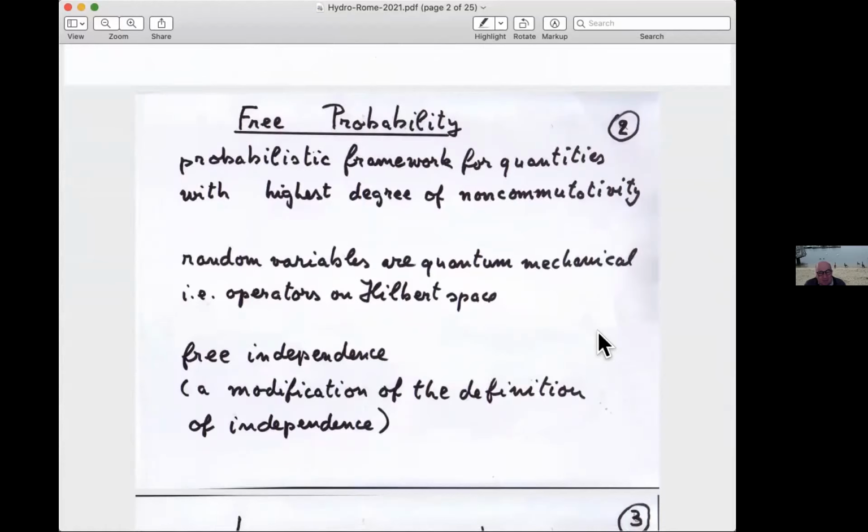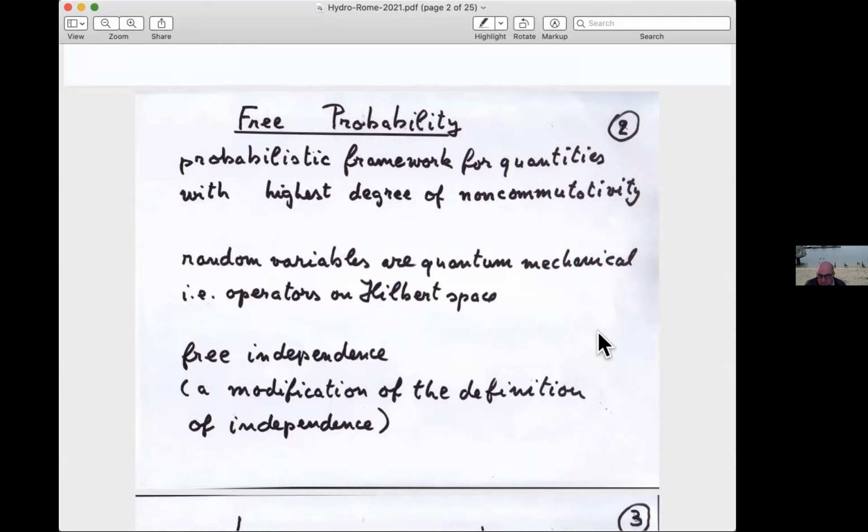It is a probabilistic framework for quantities with the highest degree of non-commutativity. The random variables are quantum mechanical, that is operators on Hilbert space, but the notion of independence on which this theory is built is free independence, which is a modification of the definition of independence.